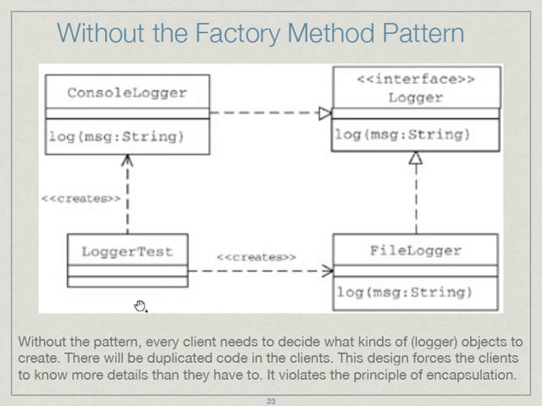Let's take a look at this situation. So that is without the factory method. Without the factory method, the client will need to decide, am I creating a console logger, or am I creating a file logger? What is the console logger?